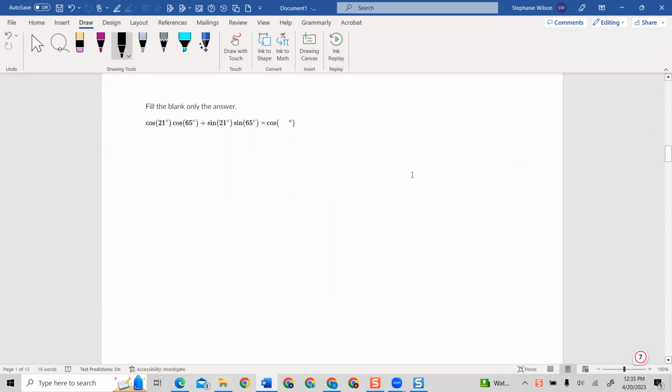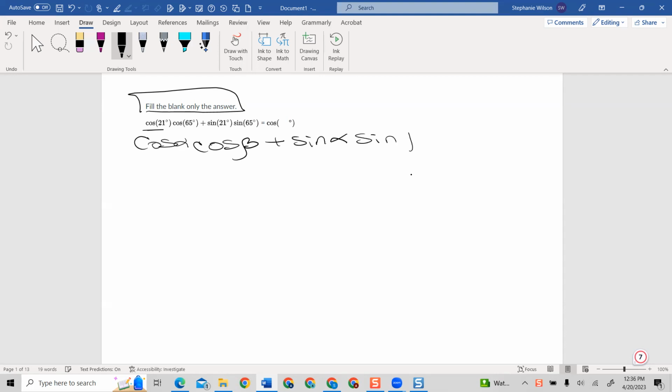All right, let's work on this next one. This next one shows that we're working with the identities of cosine of alpha times cosine of beta plus sine of alpha times sine of beta. And since we have this plus sign and we're working with cosine identities, we know that we have cosine of alpha minus beta. So let's plug in what we know. We got cosine of alpha.